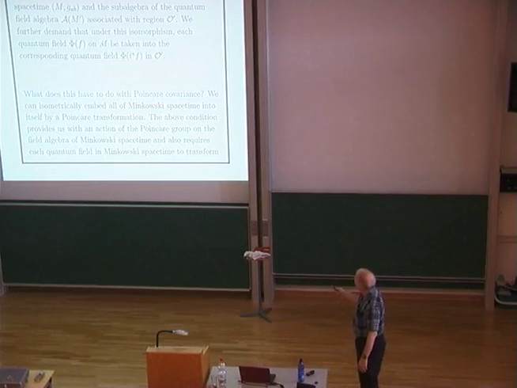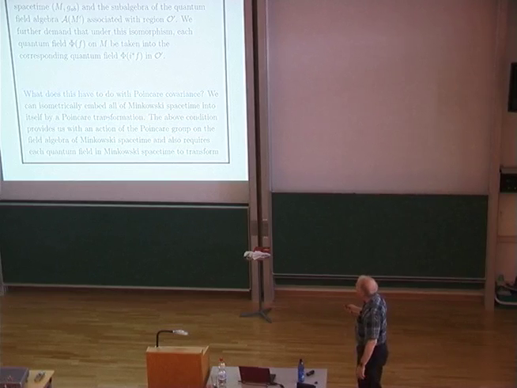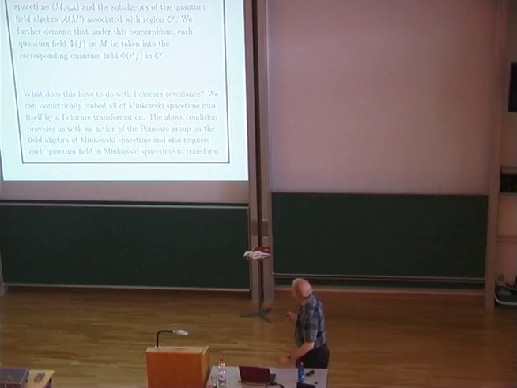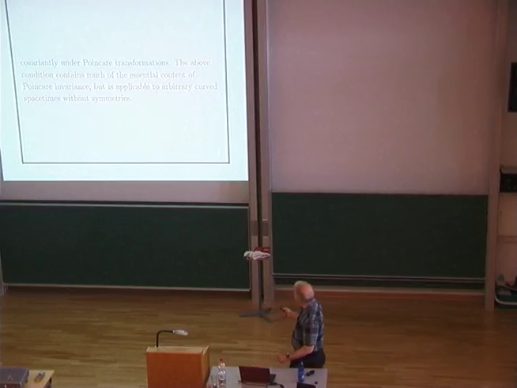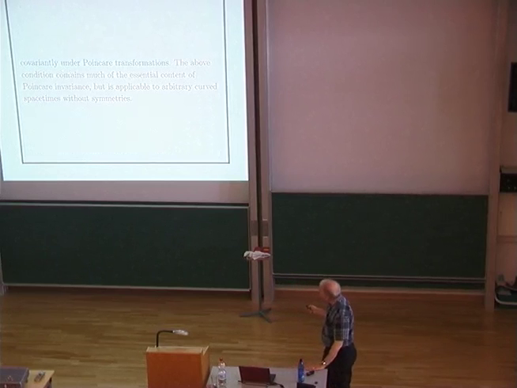Then this condition gives you an isomorphism of the field algebra to itself associated with every Poincare group element. So it gives you an action of the Poincare group on the field algebra, and this condition on the quantum fields tells you that the quantum fields themselves transform covariantly under the Poincare transformations.